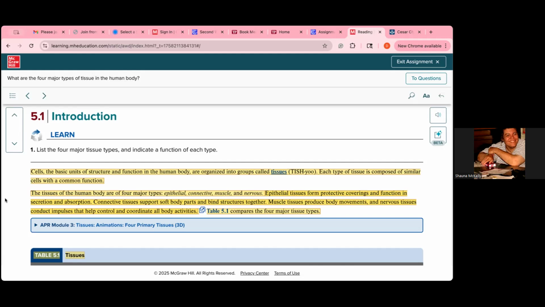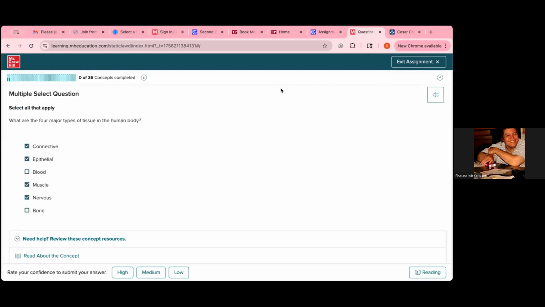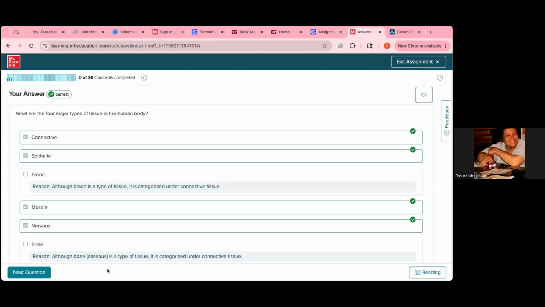So those are the four they're looking for: epithelial, connective, muscle, and nervous. Let's go back to the question.